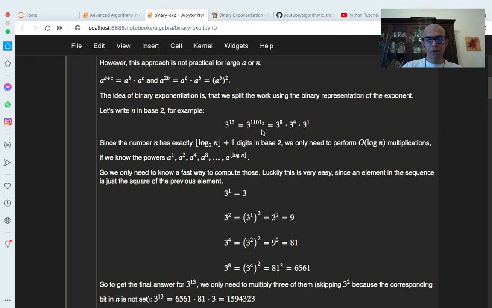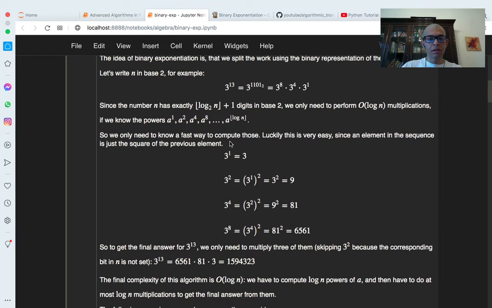So we have 3 to the power 1, and we don't have 3 to the power 2 because that bit is set to 0, so we'll have 3 to the power 4, and we'll have 3 to the power 8. Those correspond to 2 to the power 0, 2 to the power 2, and 2 to the power 3. The 2 to the power 1 is not there because that bit is set to 0. Just the ones that are set to 1 are displayed.